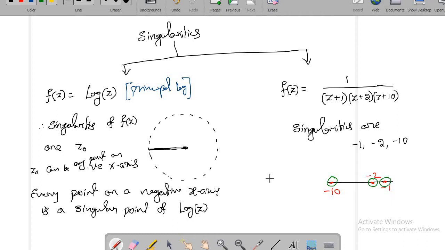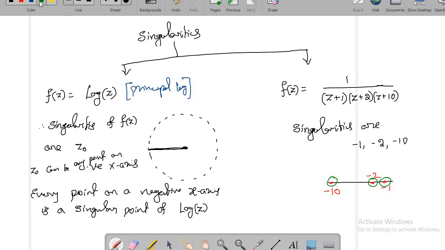Or in other words, can you draw a neighborhood around a singular point so that that is the only singular point in that neighborhood? It means, can you isolate the singularity here? I hope in the second case you can do it. Why? Because you can create a circle around -10, in which only -10 is the singularity. That's it. Similarly, you can create a neighborhood around -2, in which only -2 is the singularity. Similarly for -1. It means you are able to isolate the singularity here.